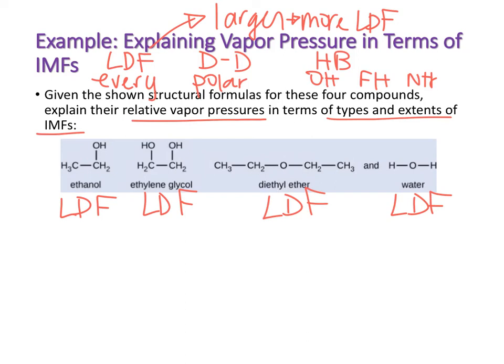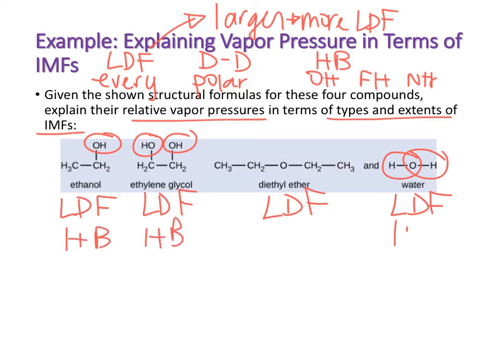I hope you notice right off the bat, we have some OHs. For water, we have technically 2 potential OH sites, right? So the 3 of these can hydrogen bond. That right away is going to tell you that diethyl ether will have the highest vapor pressure.